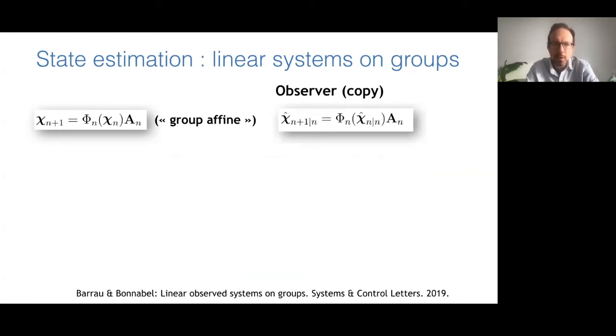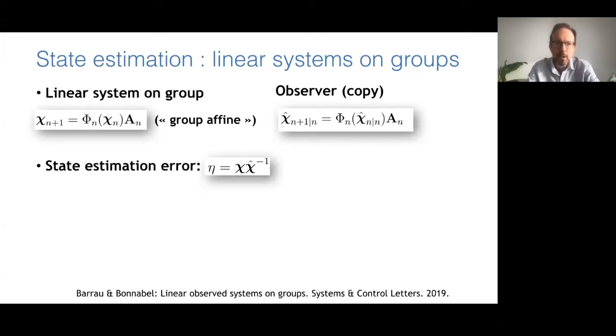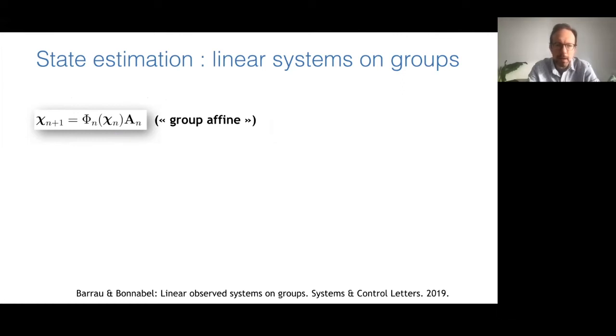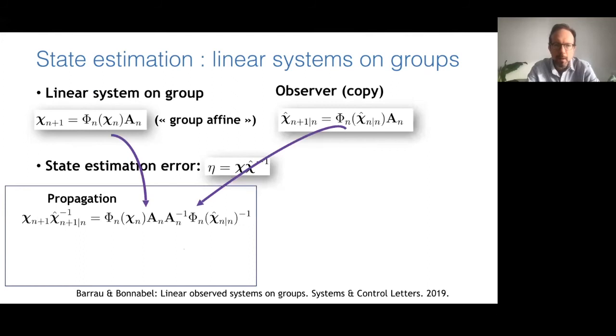So now if you consider the observer, it's just a copy of the dynamics, and let us study what happens to the state error. This is quite easy because all those guys are matrices now. So at propagation, I multiply the propagated state by the inverse of the propagated estimate.